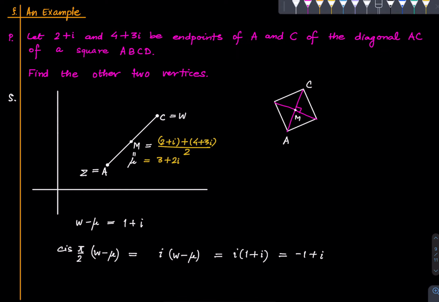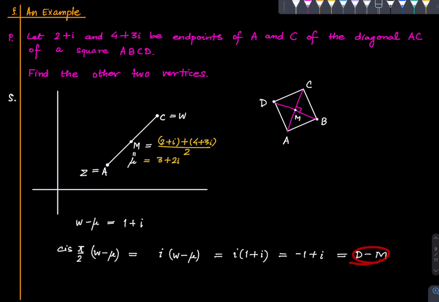Okay. So what we see is that this complex number, let me call this D and this B. So the complex number D minus M is, if D is this complex number and M is that complex number, then D minus M is minus 1 plus I, because D minus M is the rotation of C minus M by 90 degrees.